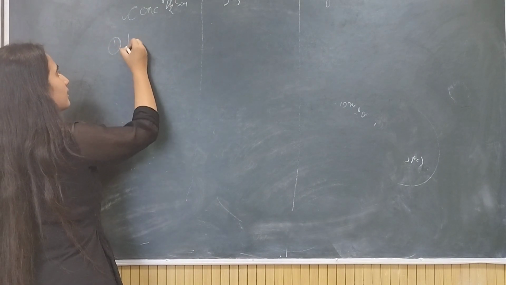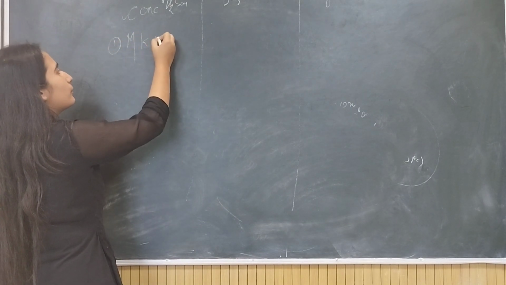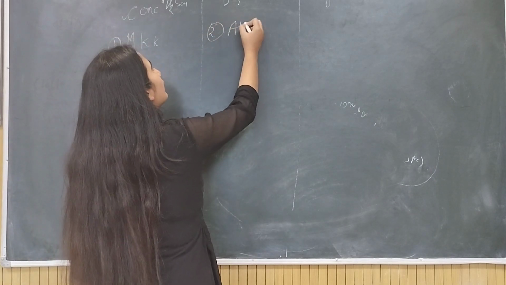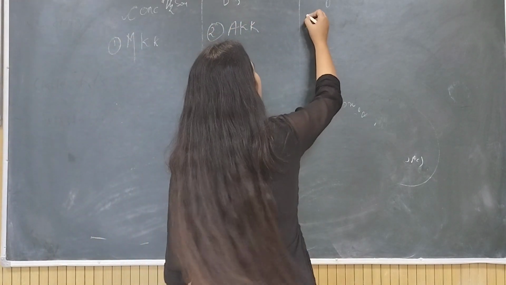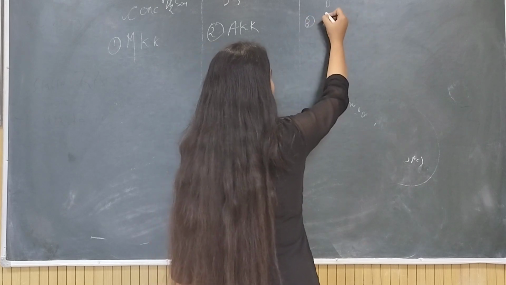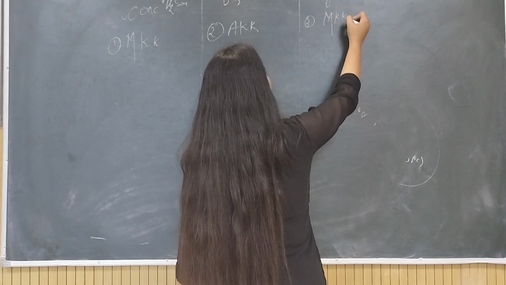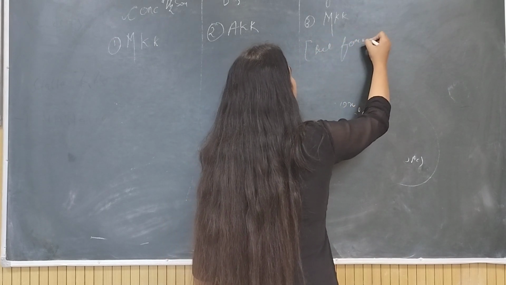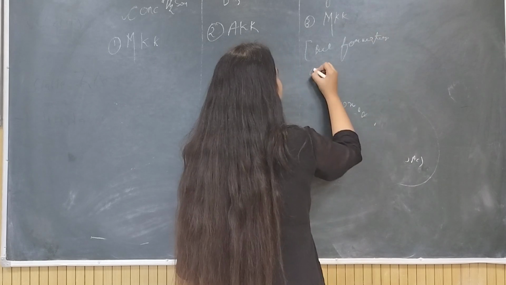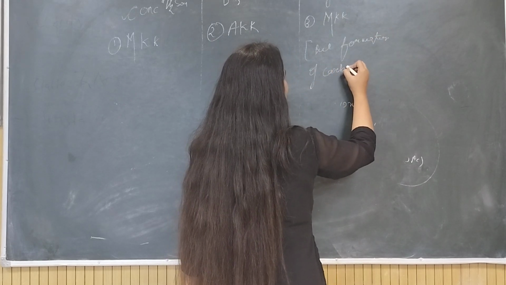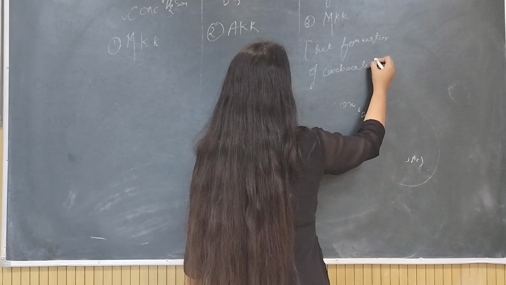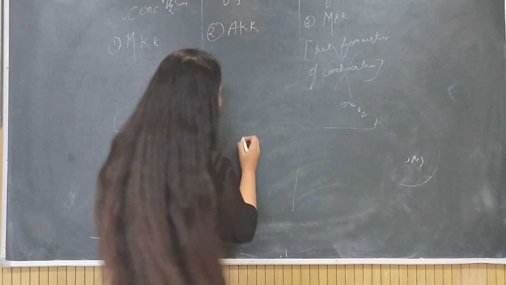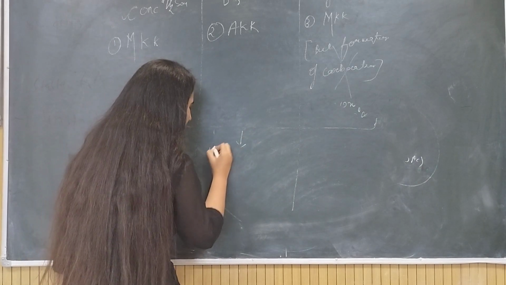In the first, Markovnikov's rule is followed, in the second anti-Markovnikov's rule is followed, and in oxymercuration demercuration, Markovnikov's rule is followed, but formation of carbocation doesn't take place.